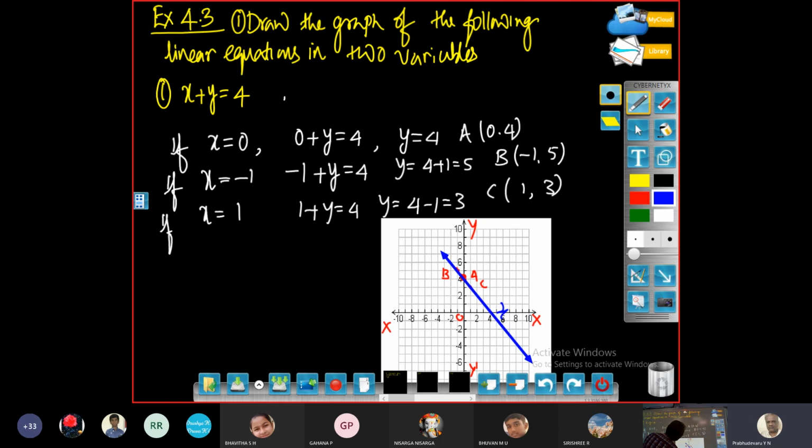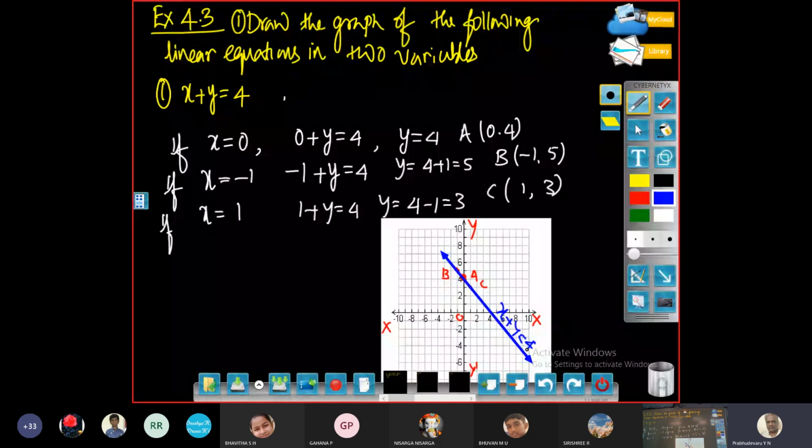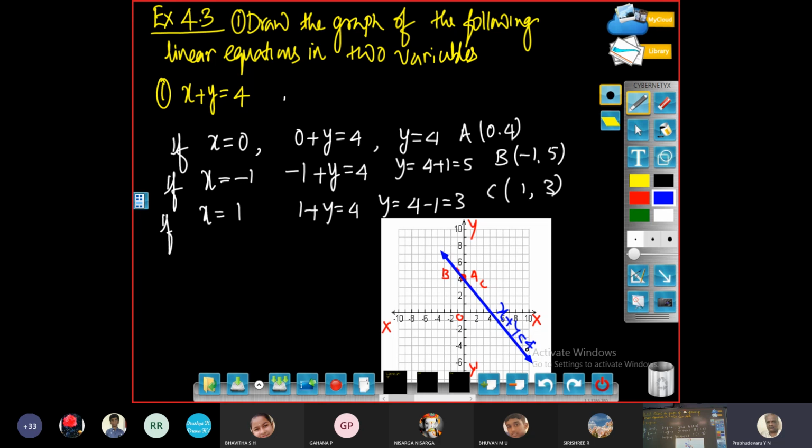You can write here x plus y is equal to 4. This is the equation, and this is the graph of that equation, x plus y is equal to 4. Is it clear to all of you? Yes, sir. You should keep the graph sheet in front of you and do it on the graph sheet only.